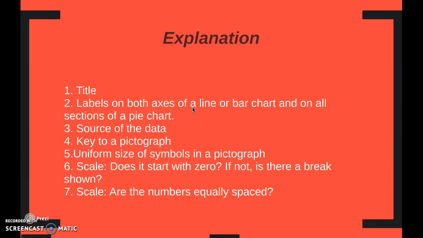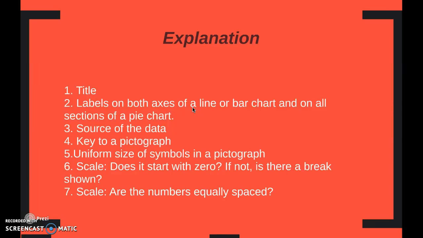So we talked about this in the past. Pictographs have pictures, and it'll tell you, oh, this apple represents 2 people, or this muffin represents 5 companies, etc. Uniform size of symbols in a pictograph. Scale: does it start with 0, or does it break down?